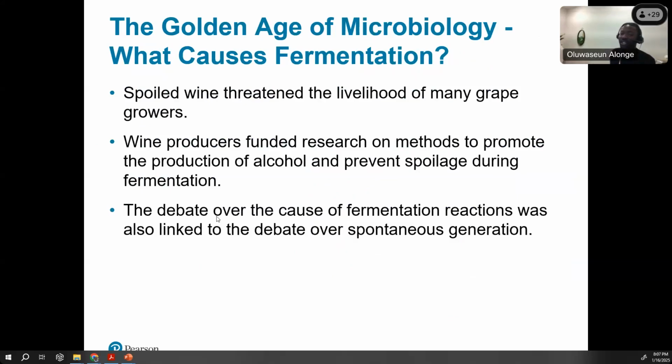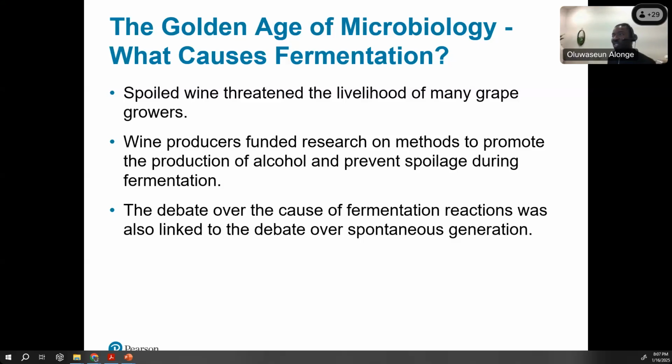Now, the other challenge they had to figure out is the issue of fermentation. In the bid to ferment wine, the wine got spoiled. Think about it that way. The issue is now about how fermentation can happen without spoilage.